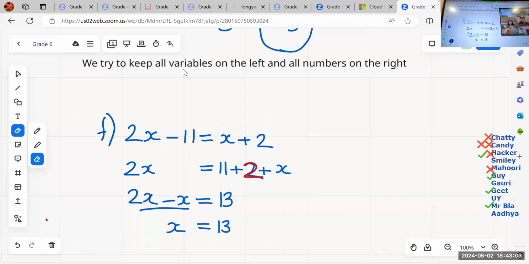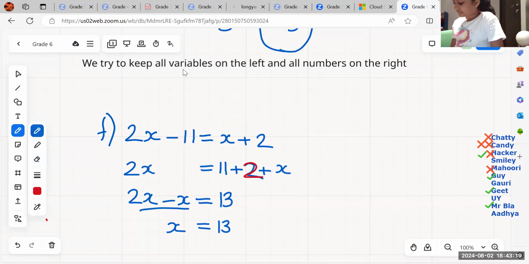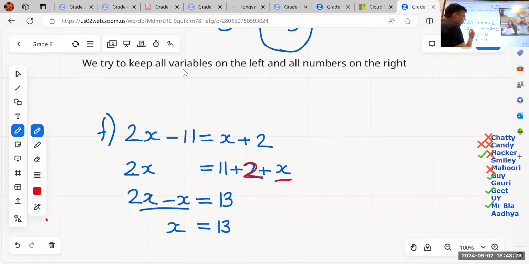That also means that you have understood the concept, but you should know how to write it also. Now why wouldn't 2 go there and become 13/2? Why, beta, wouldn't 2x go? Because यहाँ पे x भी तो है. अगर मैं 2 को यहाँ ले जाऊंगा, तो it will become 13 plus x divided by 2.